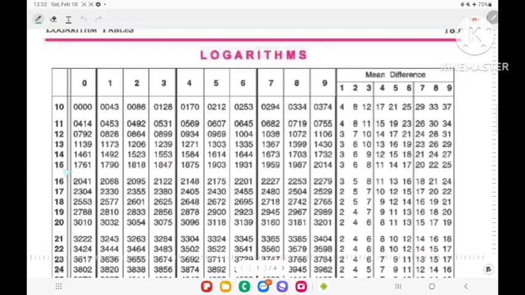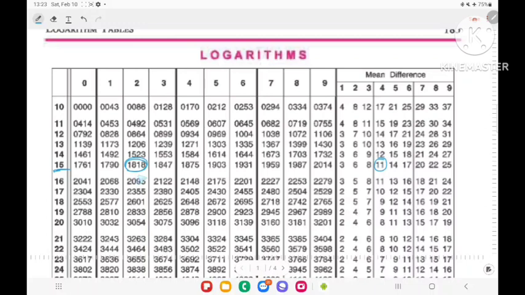So we have 15th row under column 2, this number. What is this number? 1818. So we will write 1818, and we have to see under 4, addition under 4, this number.